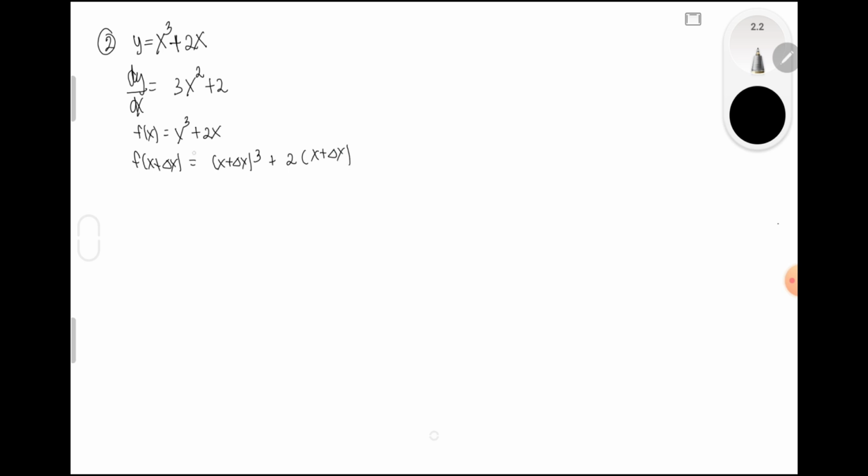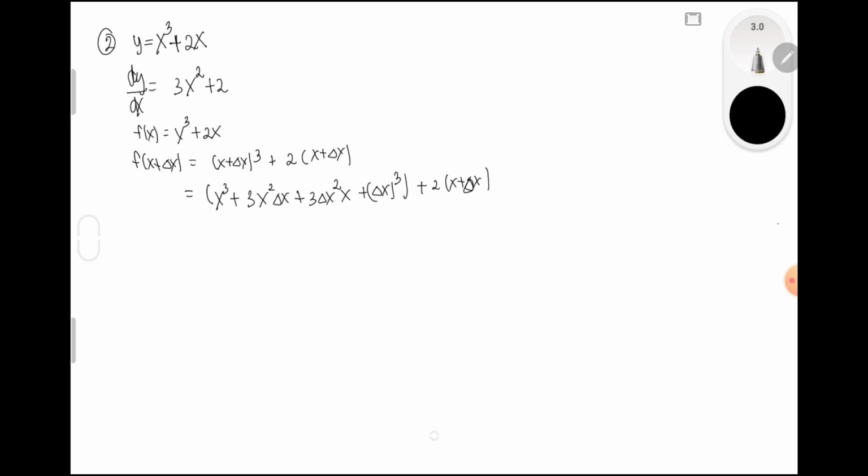By further manipulation of the equation, we'll have a value of our x plus delta x cubed as x cubed plus 3x squared delta x plus 3 delta x squared x plus our delta x cubed. So plus our 2 multiplied by x plus delta x. Ayan.